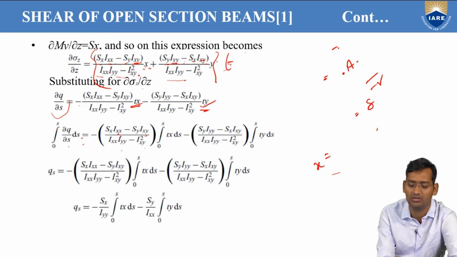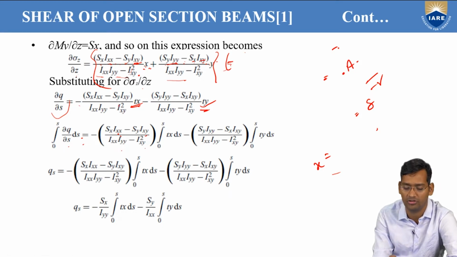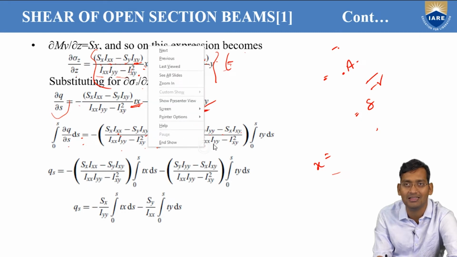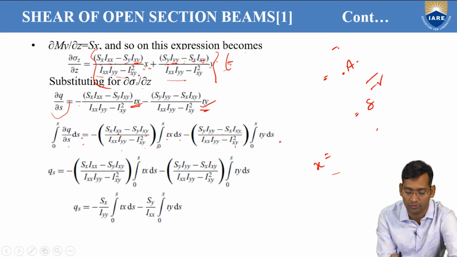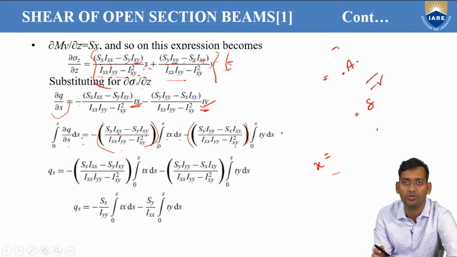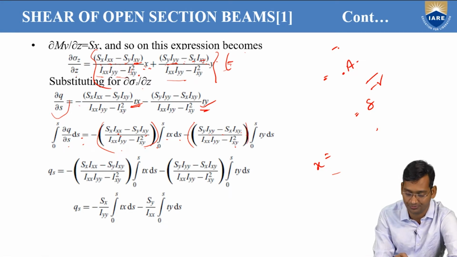This minus is common here. Just the same here, whatever term is there, you have to write, or just whatever you got here, into the integral from 0 to s of tx ds, minus, same again, Sy Iyy minus Sx Ixy by Ixx Iyy minus I square xy, into the integral of dy dx. So this is the constant term, that's why it's out of the integration. This also is a constant term, that's why it's out of the integration.